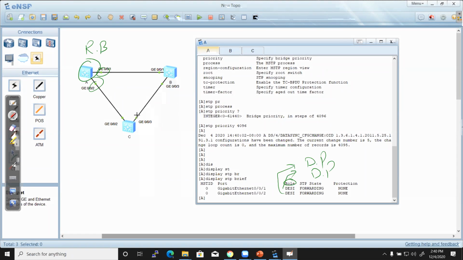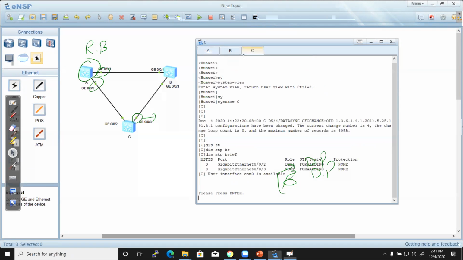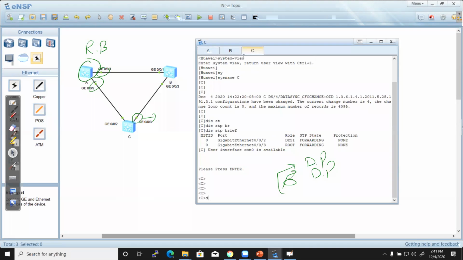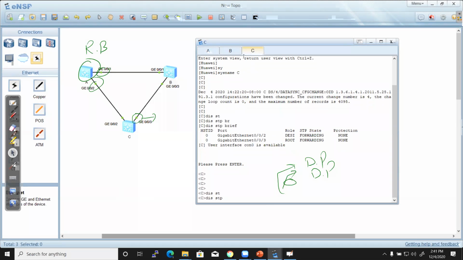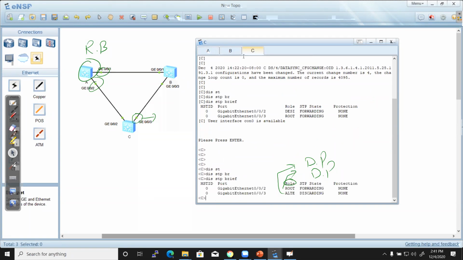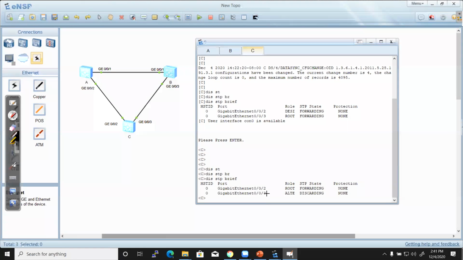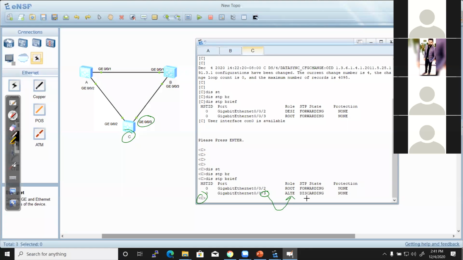And you will see this port will now be in the block state, in the discarding state. Let me show you. Display STP brief, and you can see port number 3 of switch C, STP has put that port into the alternate role in the block state, the discarding state.